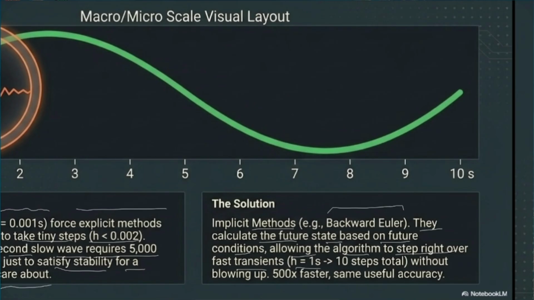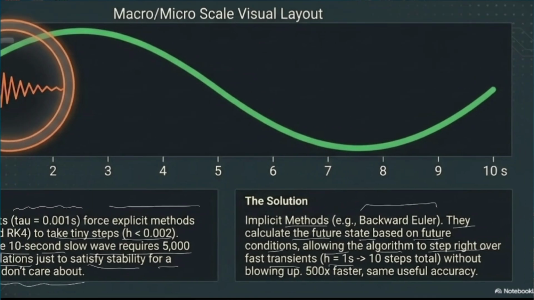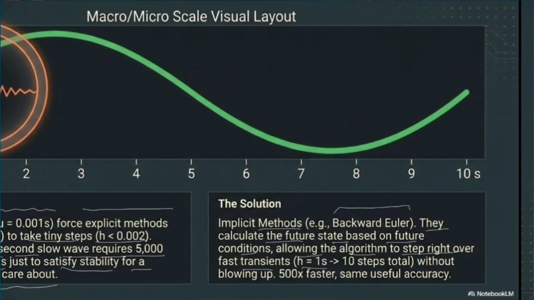It means that instead of choosing an h so small that it consumes so much time and wastes our energy, we can use other methods that use future prediction while using a bigger step size. And instead of having, for example, 5,000 steps, we only need maybe 10 total steps, and it saves a lot of time for us.